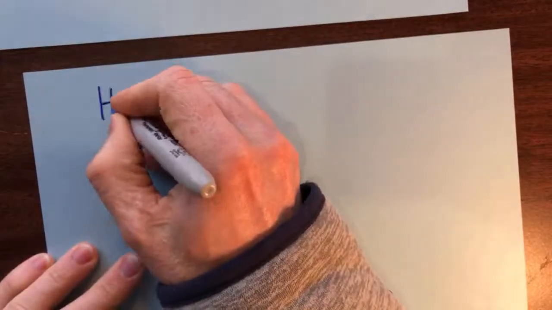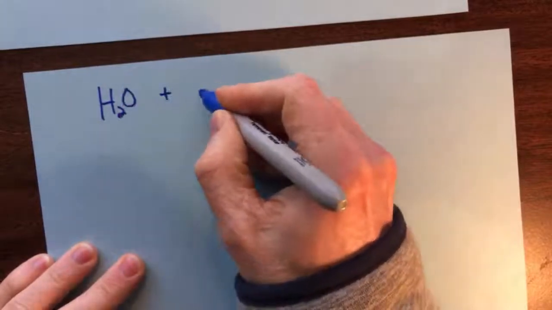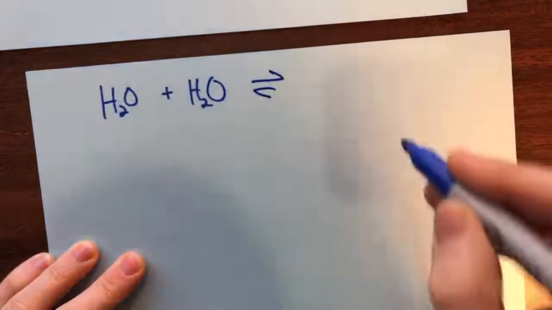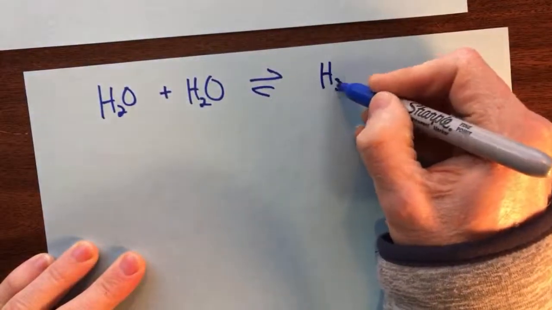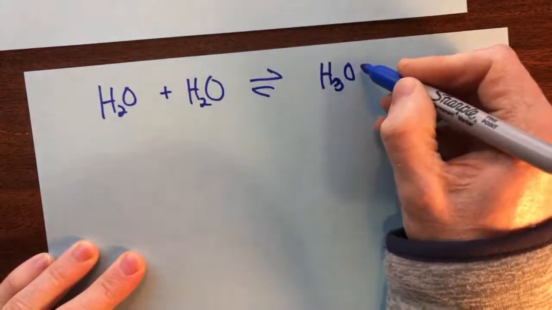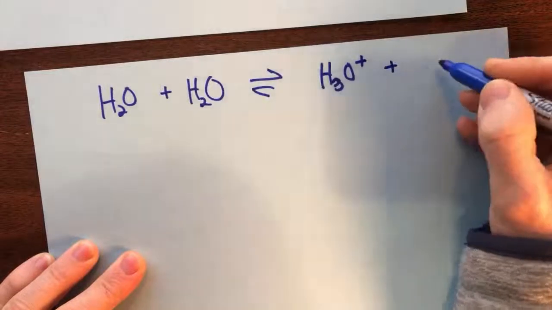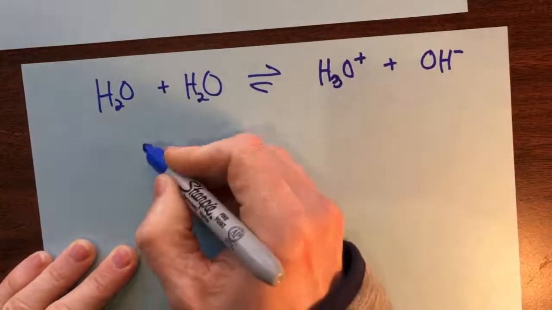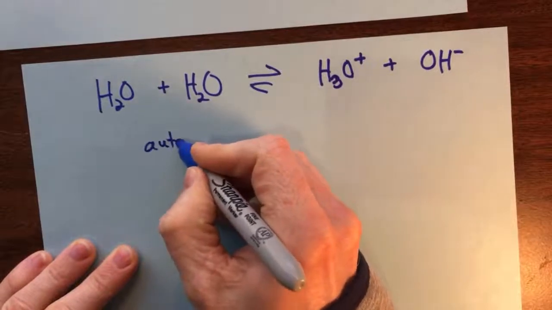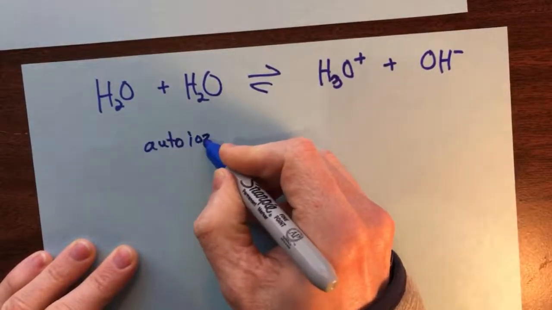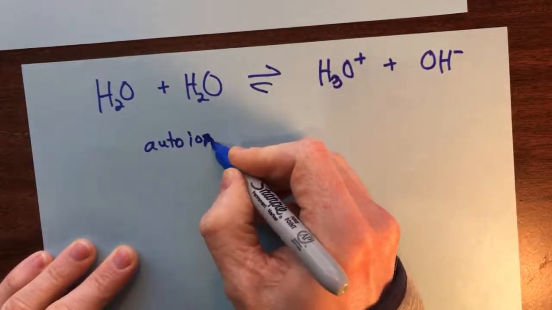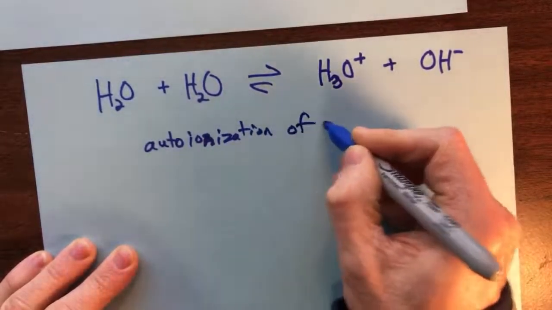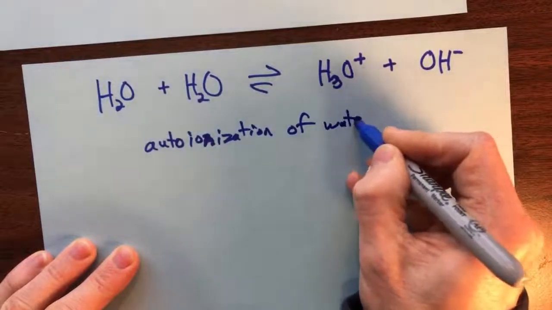Water will actually react with itself and form H3O plus and OH minus. This reaction right here is known as the auto-ionization of water.